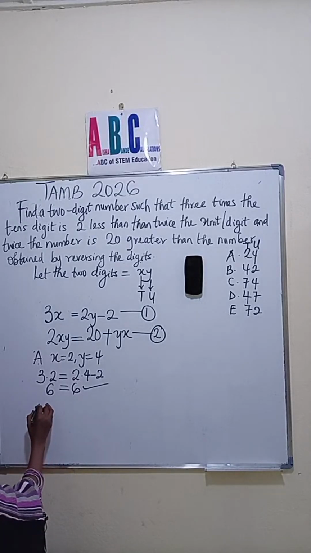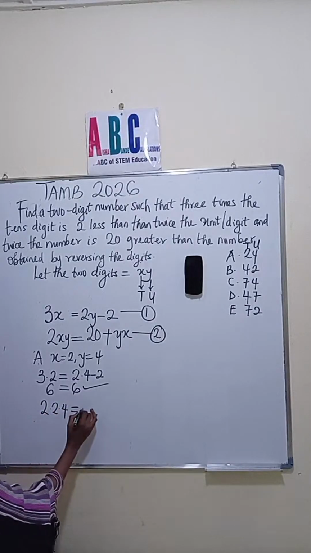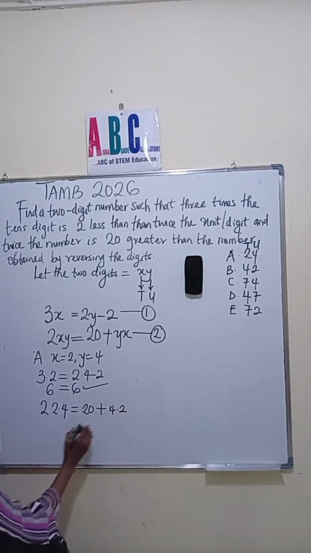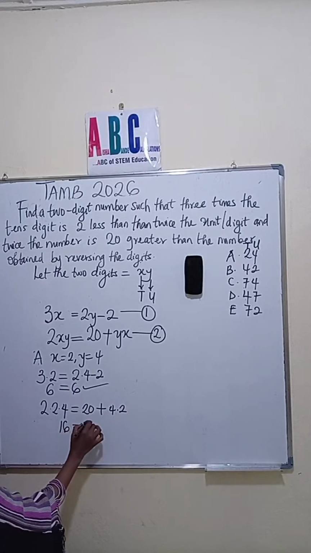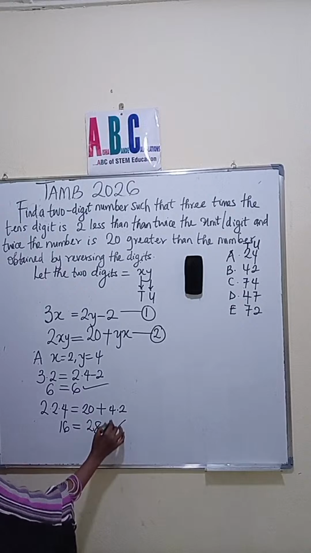For the second equation, it will be 2 times 2 times 4 is equal to 20 plus 4 times 2. 2 times 2 is 4, 4 times 4 is 16, equal to 20 plus 4 times 2 is 8. So this is 28. So this does not satisfy the second one.